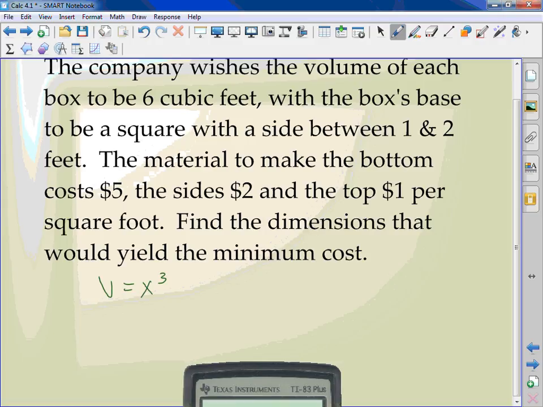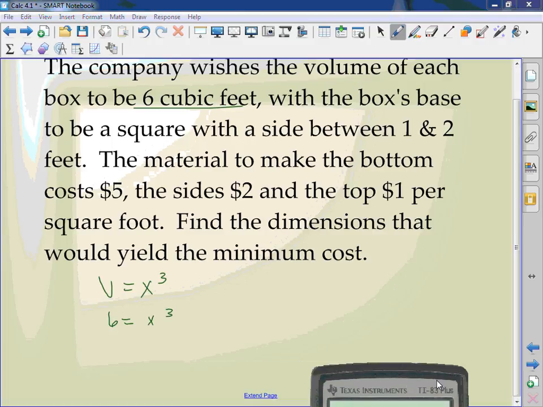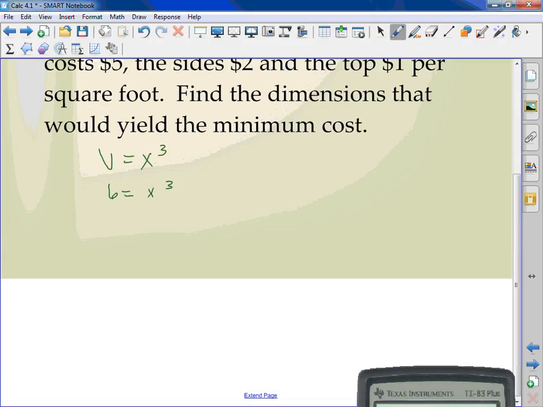What do I know about the volume? Volume has to be 6. So 6 equals x cubed. So what's x? Cube root of 6. So x is the cube root of 6.